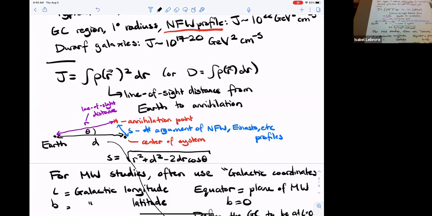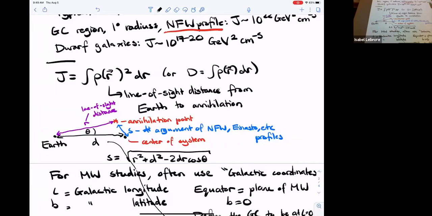My personal feeling is that these are very good for estimates, but it's hard to trust them to the level that you say, okay, if I have a boost factor of 100 the model is totally ruled out, and if I have a boost factor of 10 it's totally fine, do I believe these enough to convince me that the boost factor is 100 and not 10? The answer for me is probably no. But this is just my personal opinion.